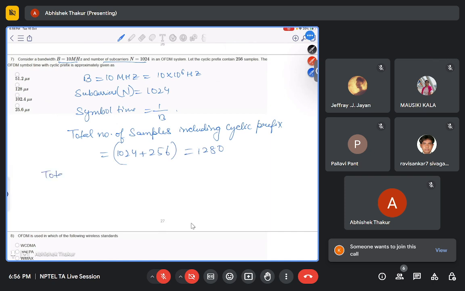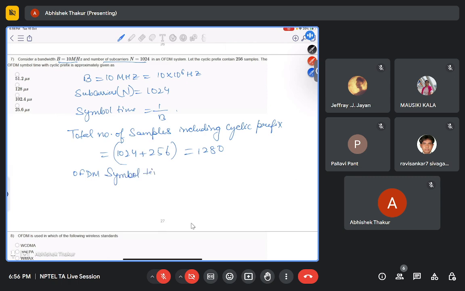So the total OFDM symbol time with cyclic prefix is given as the total number of samples divided by B. So the total number of samples is 1280, divided by 10 into 10 to the power of 6, in seconds.